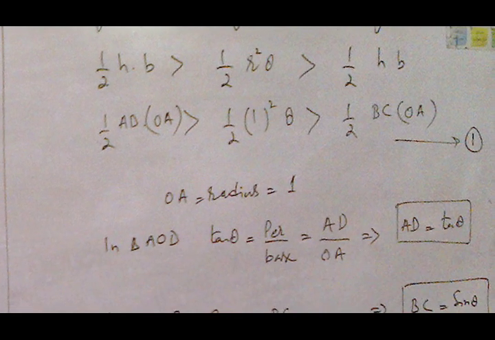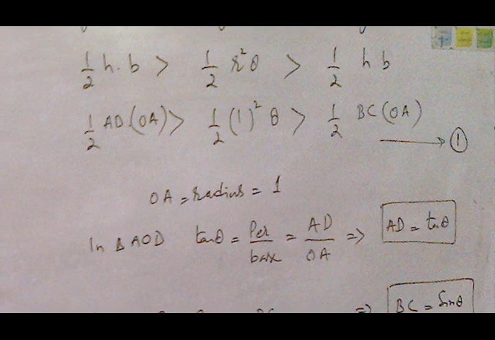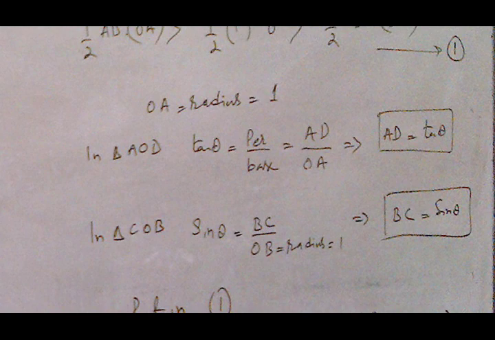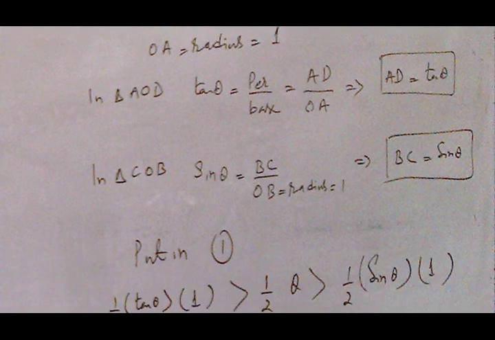Because radius is equal to 1, and in triangle AOD, tan theta is equal to perpendicular over base, therefore AD is equal to tan theta. And in triangle COB, sin theta is equal to perpendicular over hypotenuse, and OB is equal to radius, therefore BC is equal to sin theta.